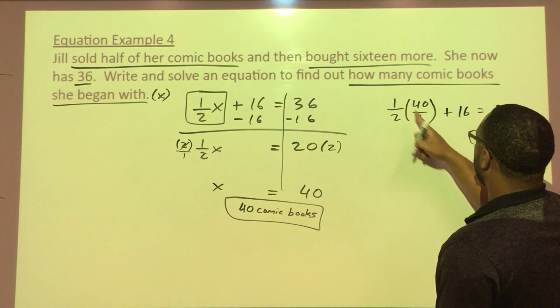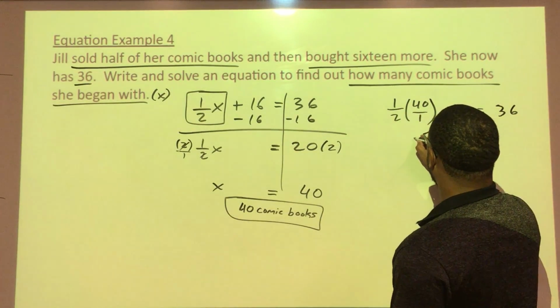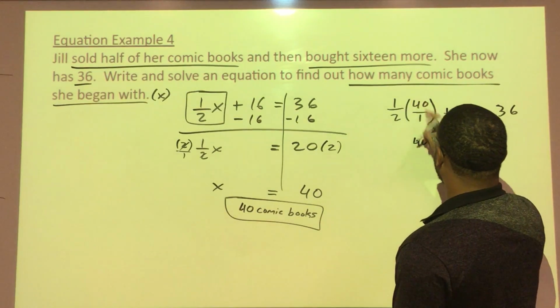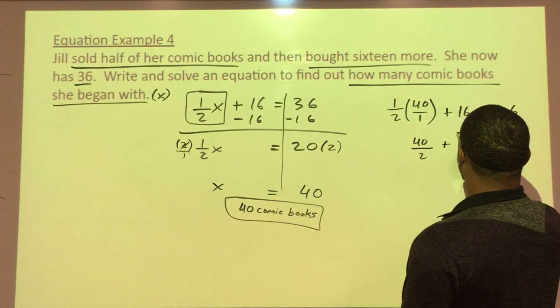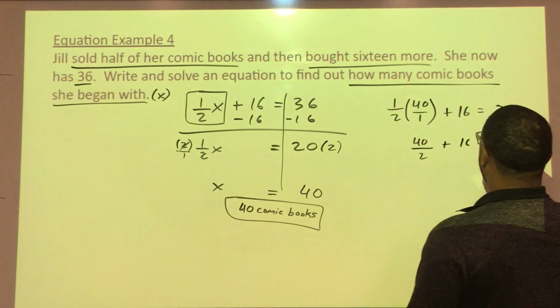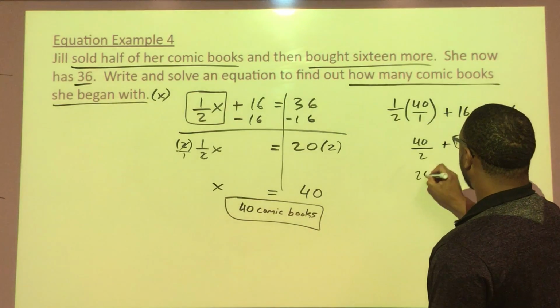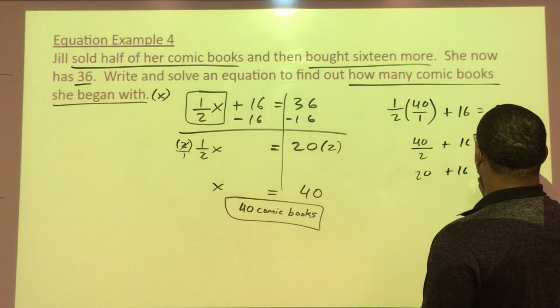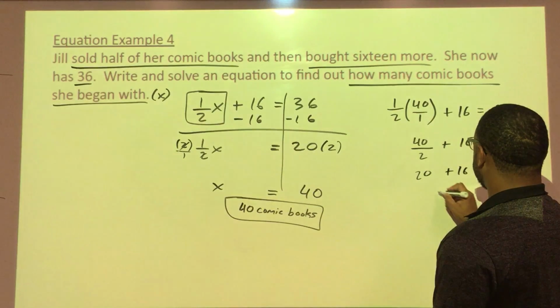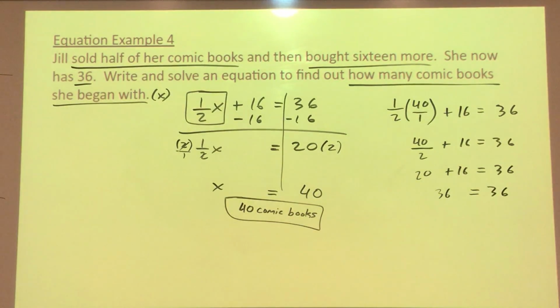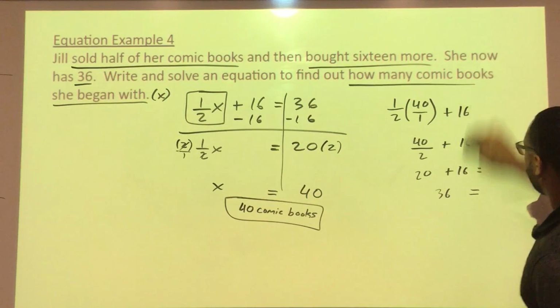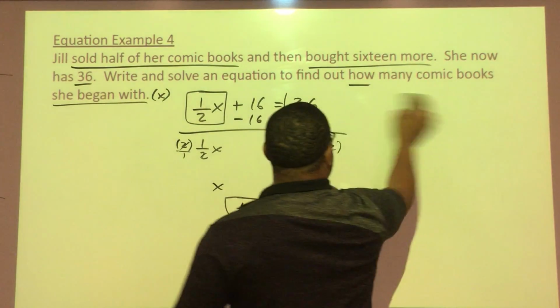Well, 1/2 times 40 over 1 is going to give me 40, because 1 times 40 is 40, 2 times 1 is 2. 40 divided by 2 is 20. And then 20 plus 16 is 36. So 36 equals 36. So that's how we know we did this one correctly. Always check your solution when you solve an equation and an inequality.